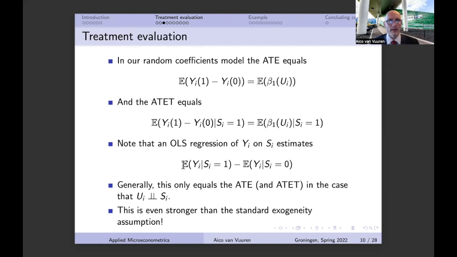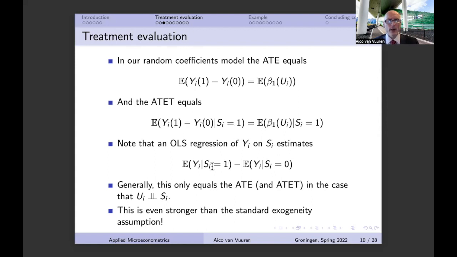This is something that you must have seen many times before: when you have a single regressor, and that regressor is a dummy variable, it is not difficult to see that the mean of the OLS estimator is always equal to the mean difference in terms of the conditional means, in this case the mean of y conditional on si equal to 1 minus the mean of y conditional on si equal to 0. That's this mean difference that we have over here.